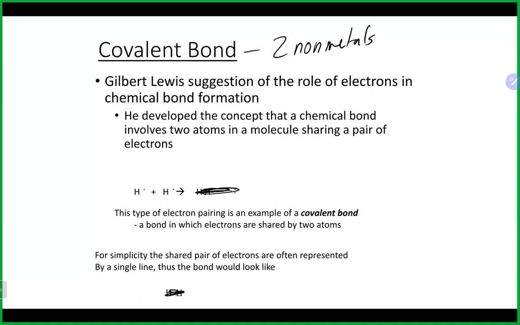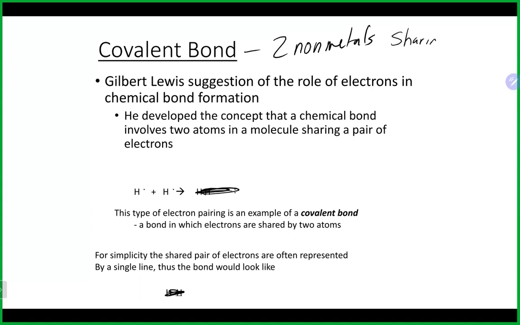Covalent bonding is sharing of electrons because, as I mentioned earlier, this is between two nonmetals, which both want to hang on to their electrons and both want to take somebody else's electrons. So, like I said earlier, the best that they could agree upon is, hey, let's just share them and try to get everybody happy in that situation. So there is going to be sharing of electrons here.